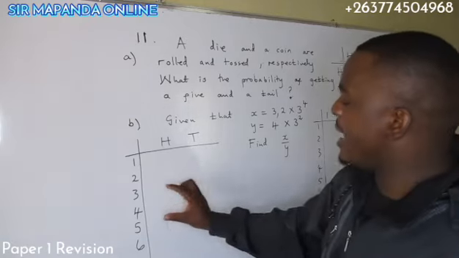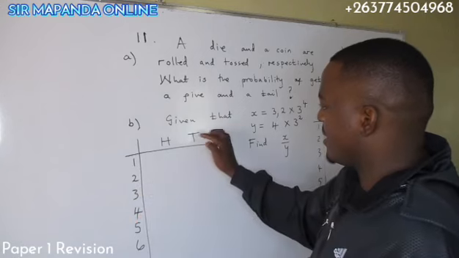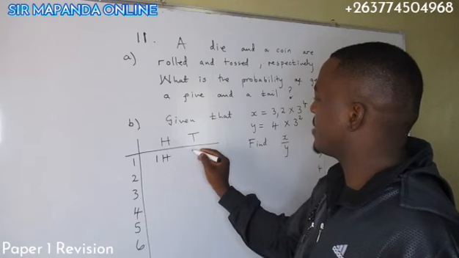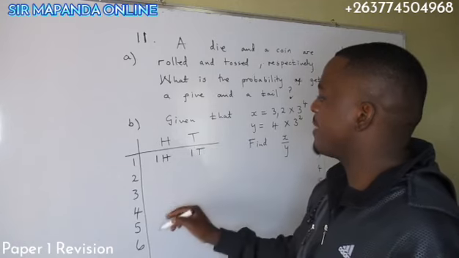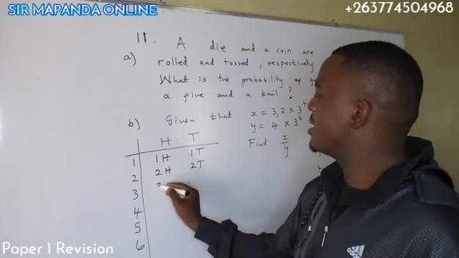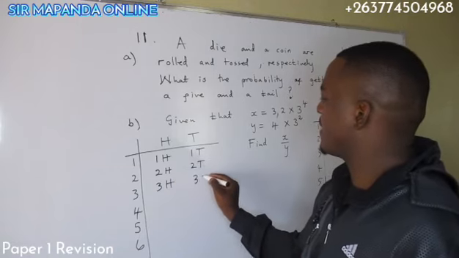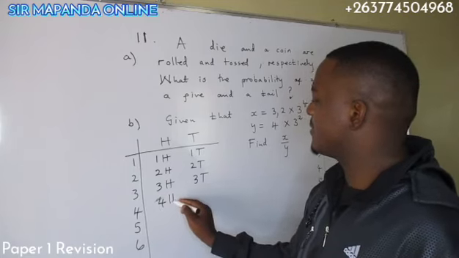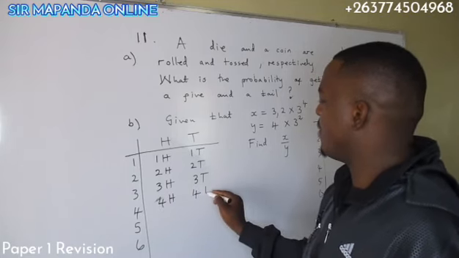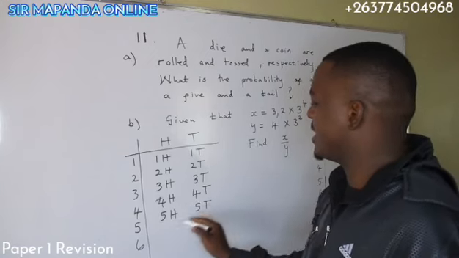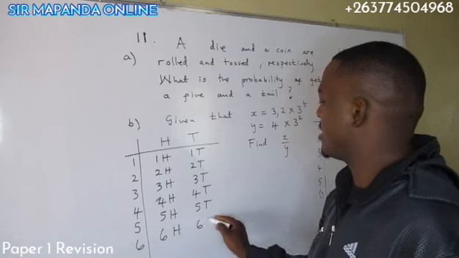So if you combine the left result and the upper part, you have 1H, and this is 1T. This is 2H, this is 2T. 3H, 3T. This is 4H, 4T. This is 5H, 5T. This is 6H, and 6T.